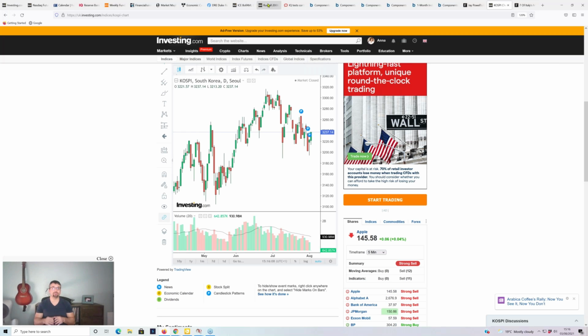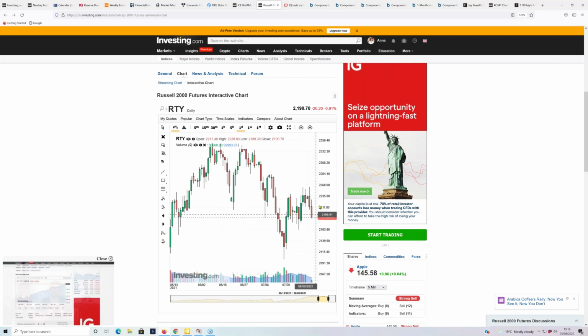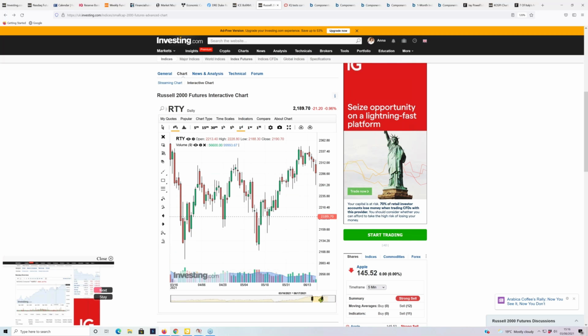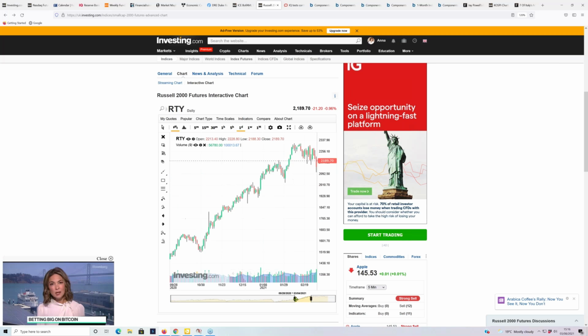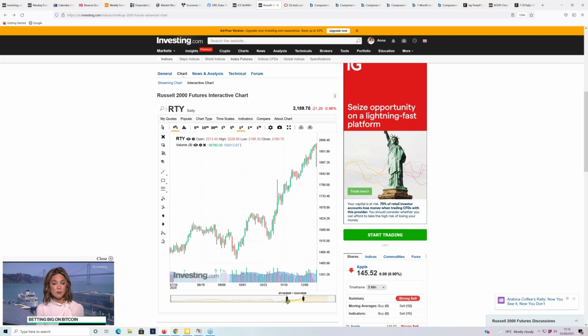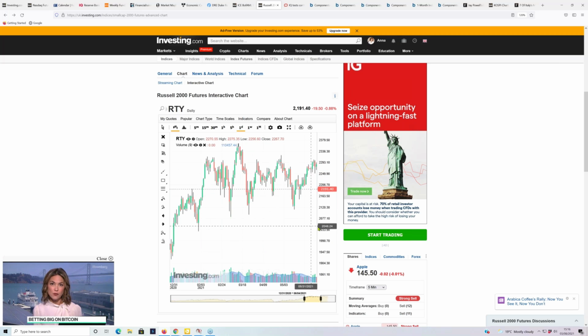The other index that we look at is obviously the Russell. This is the small cap, the 2000. As you can see, that's not looking particularly pleased with itself at the moment. Interestingly, let's have a look. The Russell is actually in a massive range.